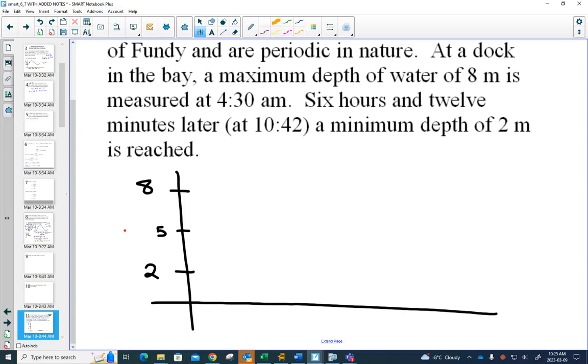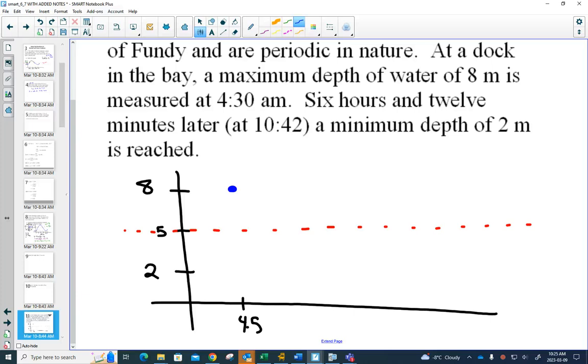I hope you can see that the center of that will be at 5. We know at 4:30, so I'm going to mark that as 4.5. At 4:30, it has a maximum depth of 8, so we have this point so far.